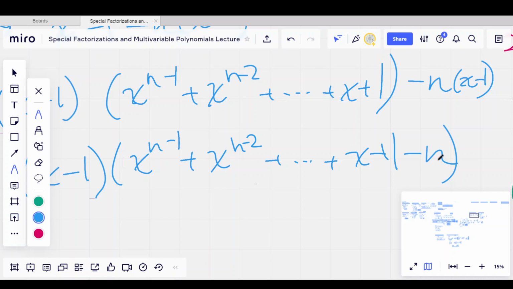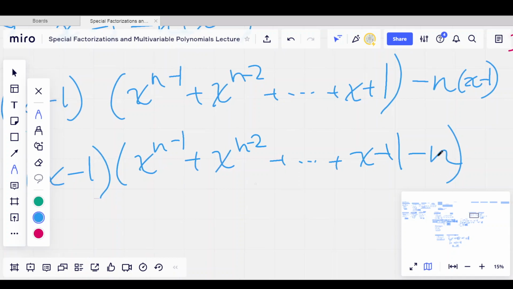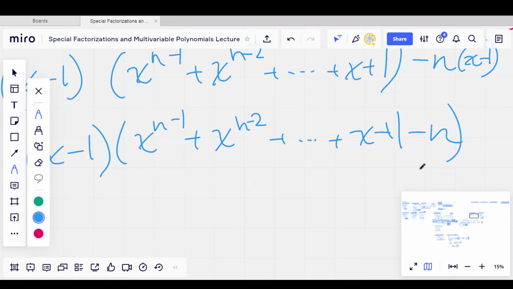This n right up here might trick you a little bit, but actually we can do a very clever manipulation. Does anyone have an idea of what this manipulation is? Okay, it's fine.